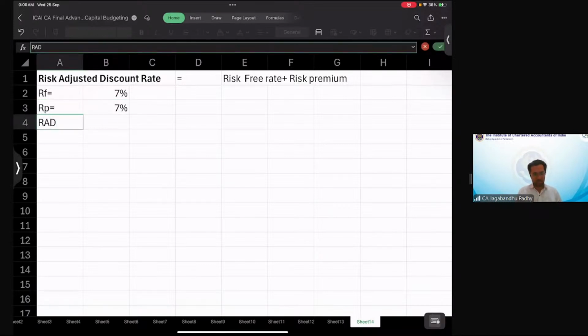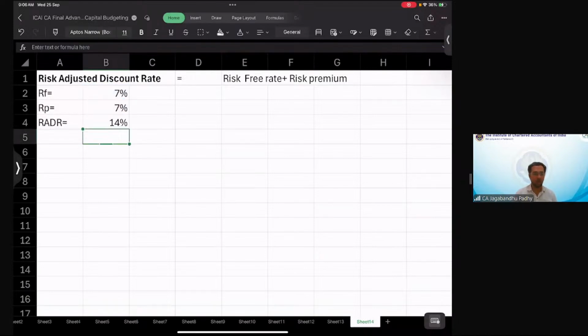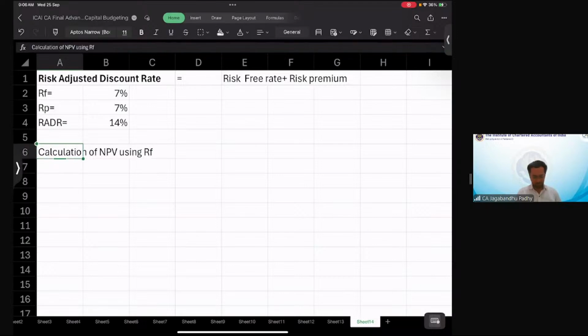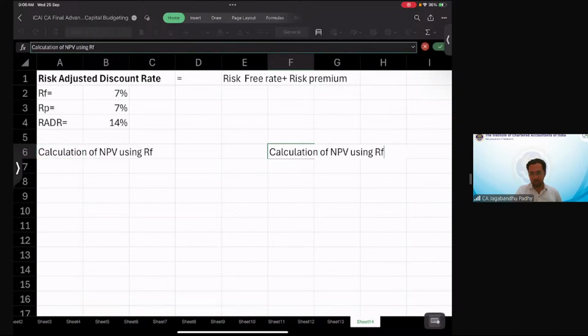What will be the risk-adjusted discount rate? Can I say 7% plus 7%, which will be 14%, right? Then the calculation of NPV. Calculation of NPV using the risk-free rate is one aspect, and the other aspect we are going to look at is the calculation of NPV using the risk-adjusted discount rate.